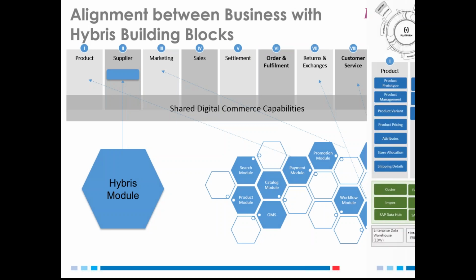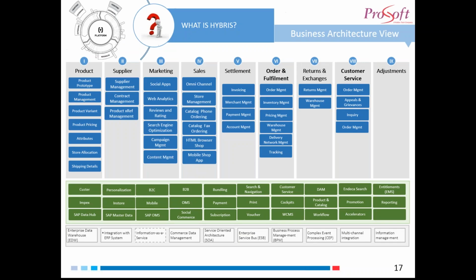And so this is the same domain, our business value chain. I just want to show it again before I jump onto how to use it. So the business architecture view is very important. We have the domain, and then we lay out what a product is: product prototype, product management, product variant, supplier management, contract, marketing, sales, settlement, all those kinds of things.